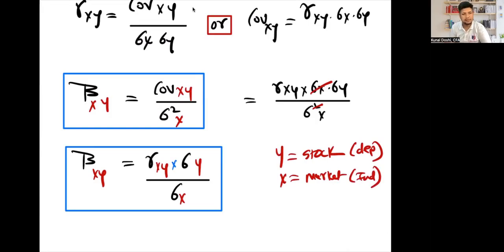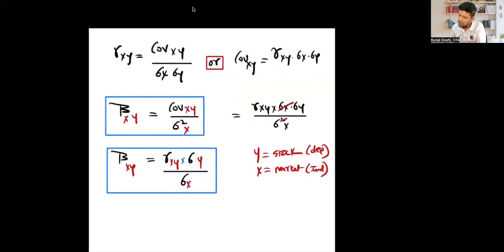Clear? Two formulas. Note it down, these are new things. We'll discuss more detail and the derivation of this when we go to equities, not now. Right now, just understand this.